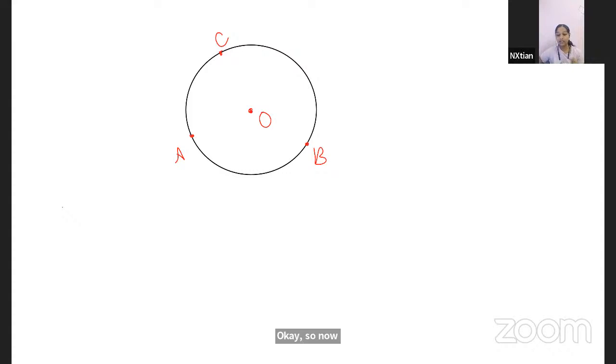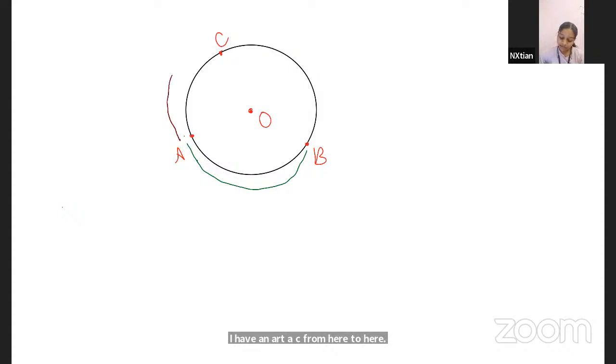This is an arc AB, from here to here. Then I have an arc AC, from here to here, another of my arcs. And then BC is also my arc.